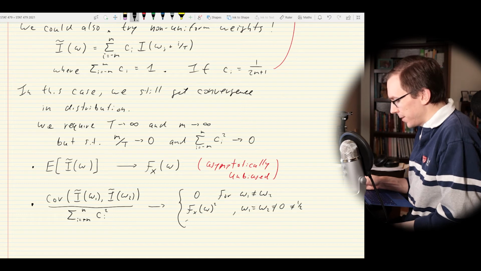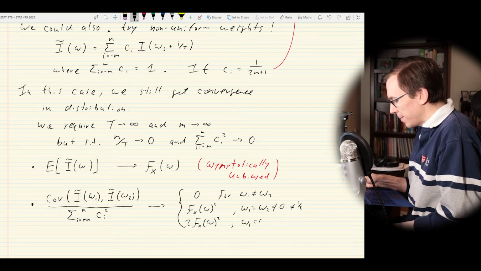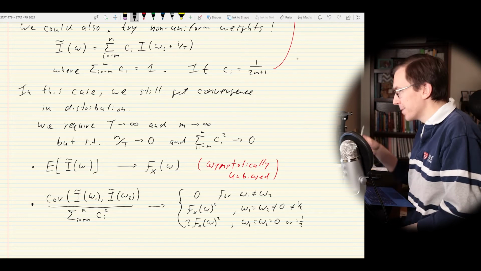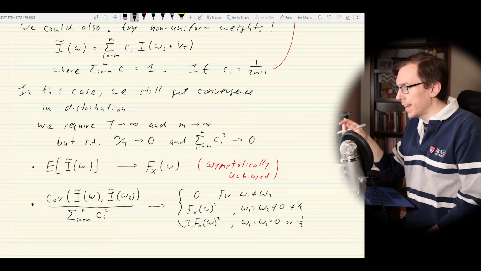If it is in one of those cases, we end up multiplying the whole thing by 2. Omega 1 equal to omega 2 equal to 0 or equal to 1/2 are the fringe, the edge cases.